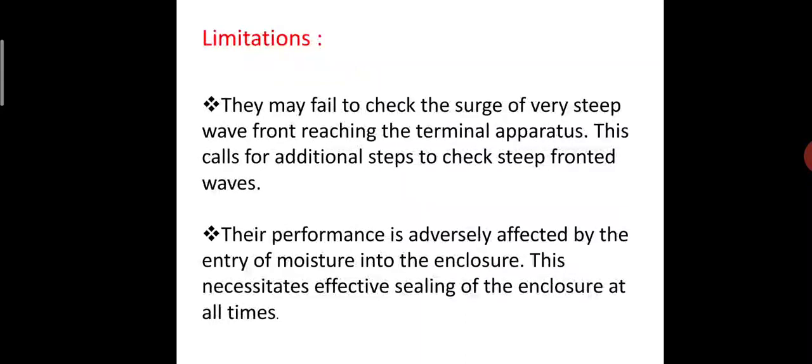Limitations of the valve type lightning arrester: they may fail to check surges with a very steep wave front reaching the terminal apparatus. This calls for additional steps to check steep fronted waves. Their performance is adversely affected by the entry of moisture into the enclosure.